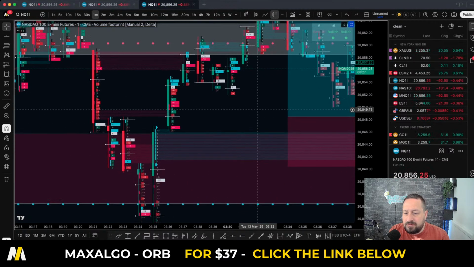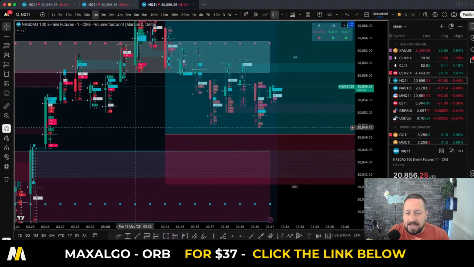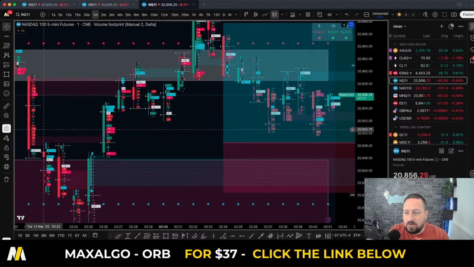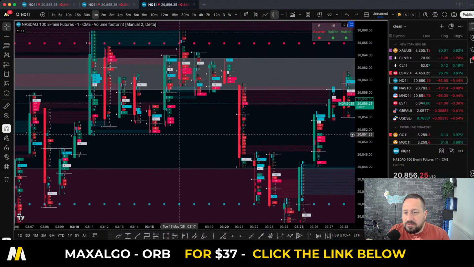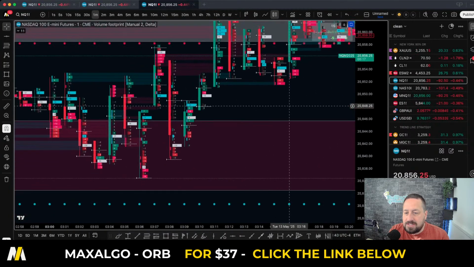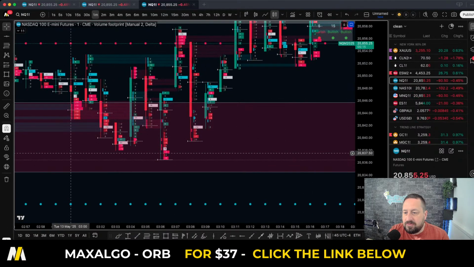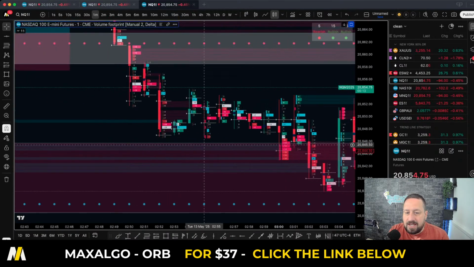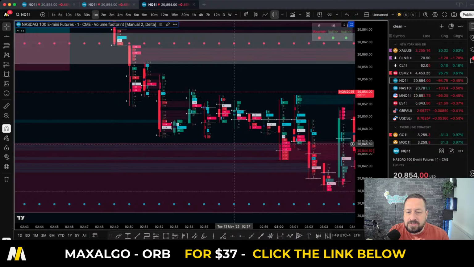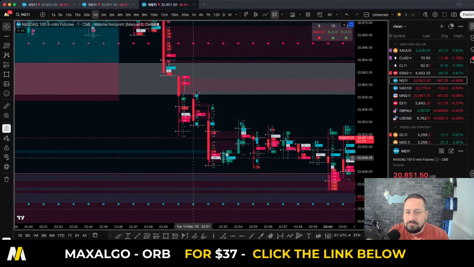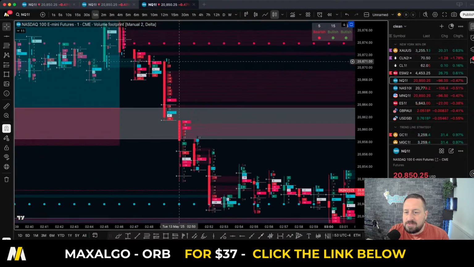But what you want to confirm is where the volume is within the gap. Just because it closes above or below the fair value gap doesn't mean that's where all the volume was. Sometimes it's at the top.